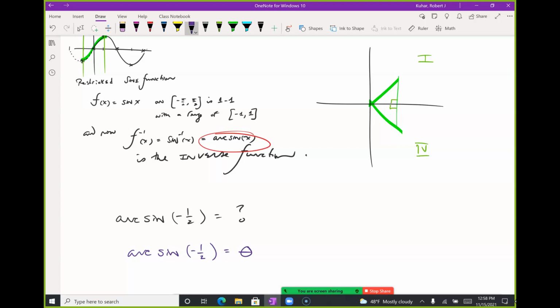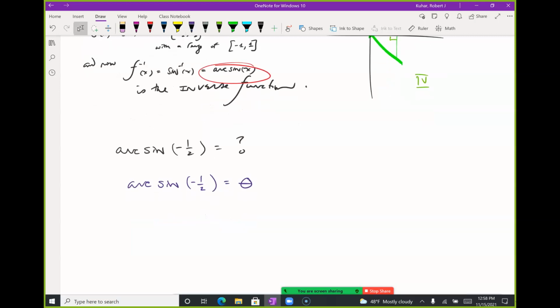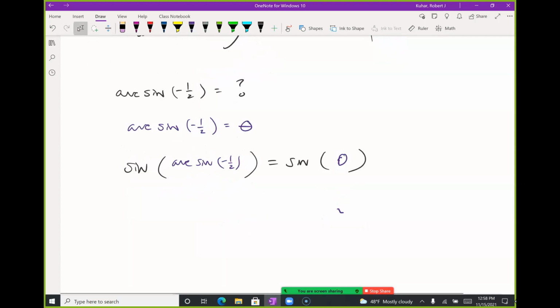So I don't think in terms of inverse trigs. I think in terms of trigs. So I want to take a composition of sine of both sides, right? On the left-hand side, I had arcsine of minus 1/2. And on the right-hand side, I have a theta, right? So what happens on the left side? What happens to sine and arcsine? What's their relationship?